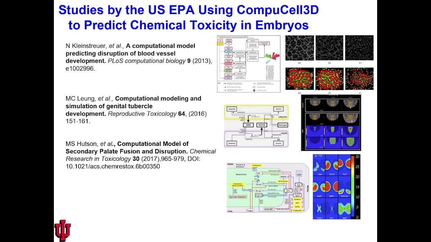There's also a number of toxicology studies that have been performed using CompuCell3D. I won't go into too much detail here about these, but you can see it's been used in how to predict different methods of blood vessel or disruption of blood vessels during development. It's been used to model genital tubercle development. It's also been used to model secondary palate fusion and disruption.